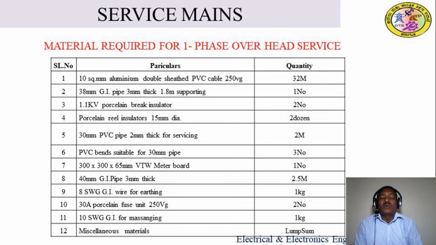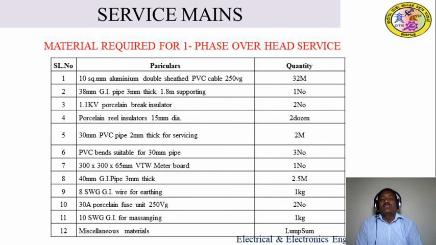Today in class we have discussed, from the given problem, the load calculation, size of wire, length of wire, then the number of reel insulators required, then the supporting pipe, service pipe, fuse, brake insulator, meter board, and earthing wire.